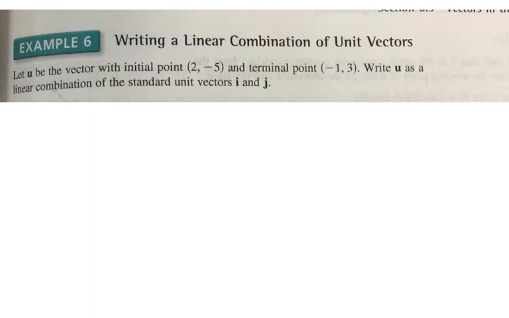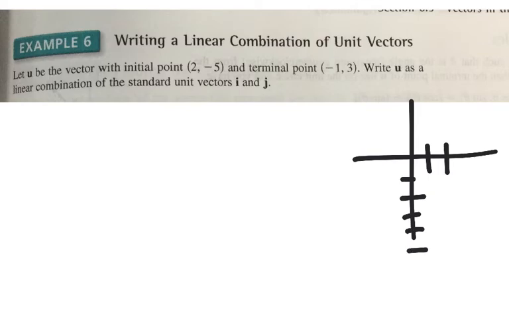First thing I need to do is find the components of my vector. This is just me sketching so you understand what's going on in the graph. If I'm at 2, -5, my vector's starting here, and it's going to -1, 3. So my vector is somewhere here. First thing I want to do is move my vector into standard position.